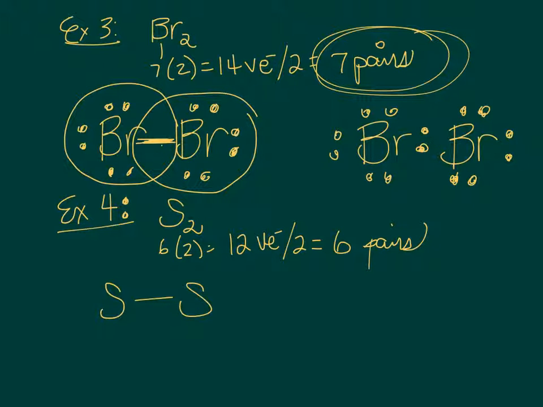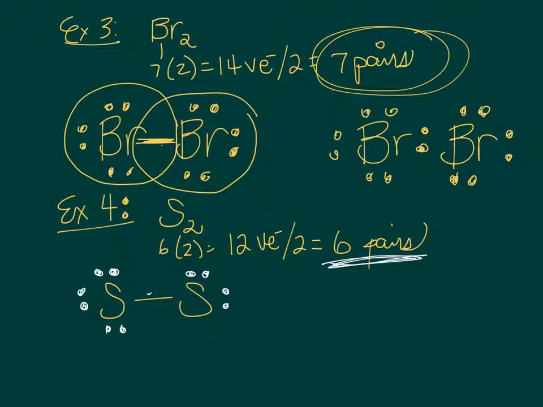So back to sulfur. I've got sulfur bonded to sulfur. Put the extras on the outside. Here's where you have to be super careful. You're only allowed to use 6. I already used 1 in the center. So this is actually pair 2, pair 3, pair 4, pair 5, and pair 6.